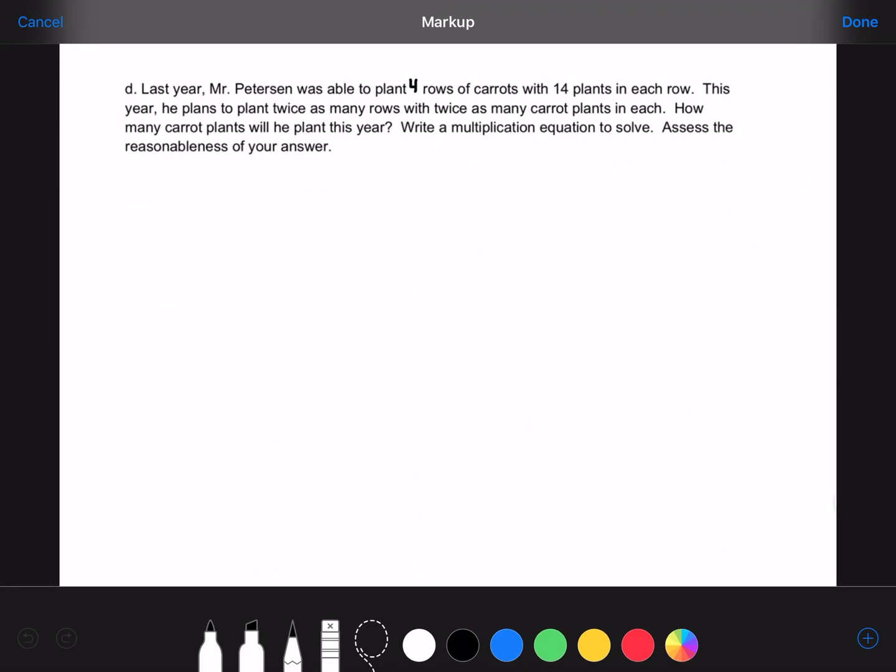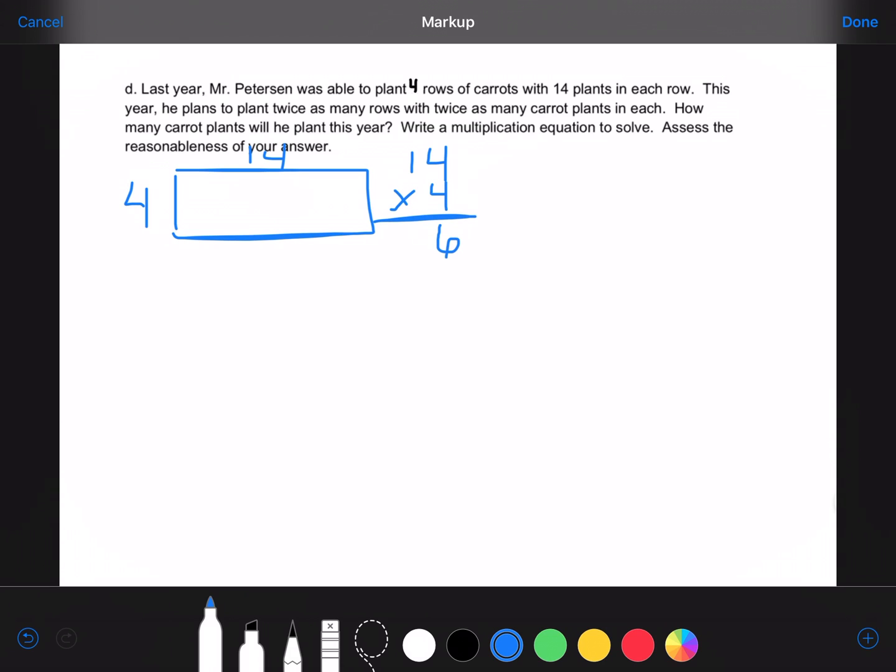So let's go ahead and start. So if last year he was able to plant 4 rows with 14 each, let's multiply that to see how many plants he planted. So 4 times 4 is 16. Carry the 1 or bundle the 1 into the tens place. 4 times 1 is 4, plus 1 is 5.